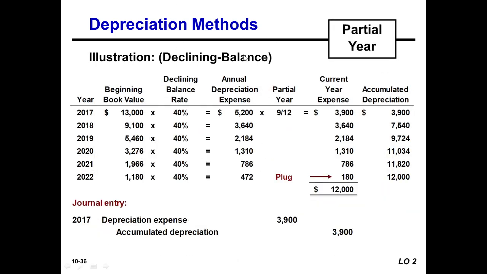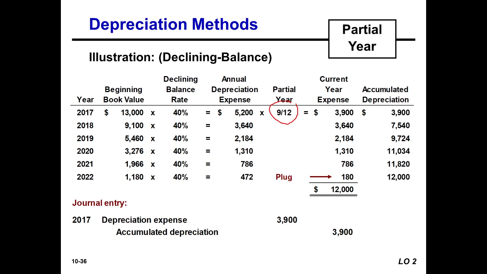Depreciation method, partial year. Okay, before, in our straight line method, I discussed this matter, so again I will discuss it. Please look here, this is for 9 months. Okay.